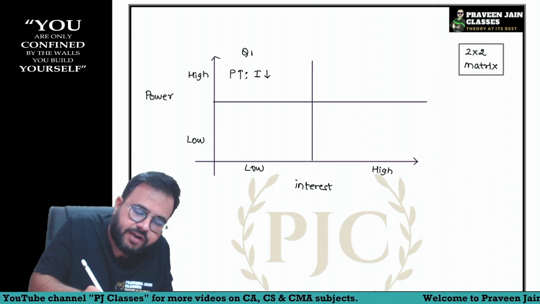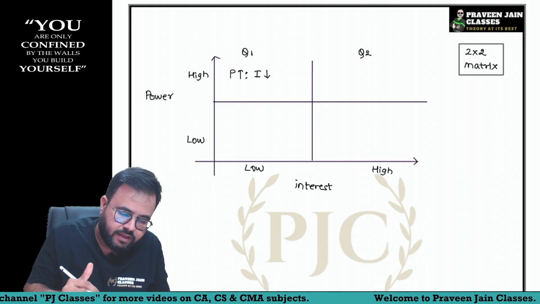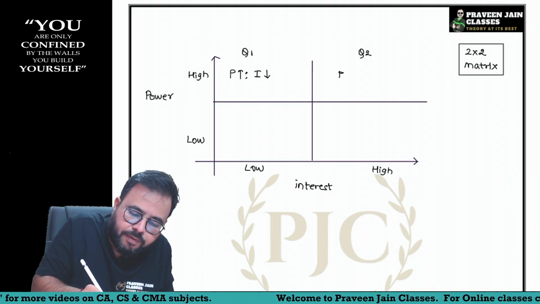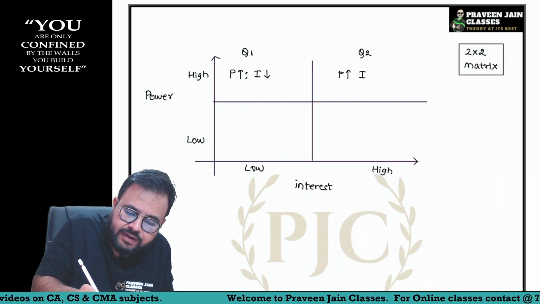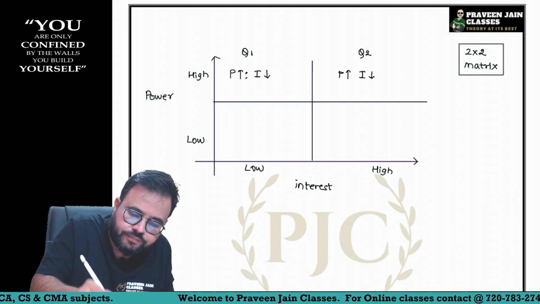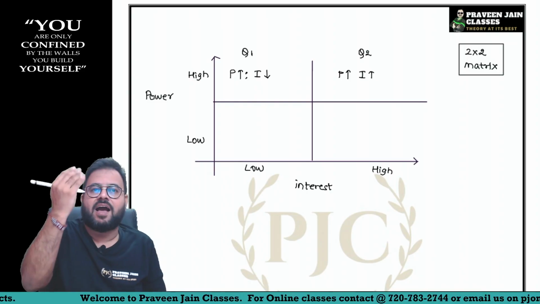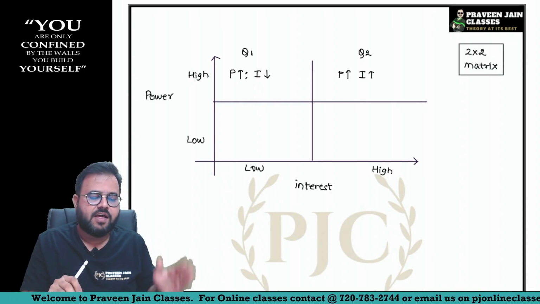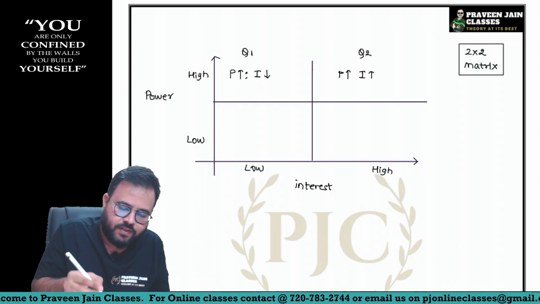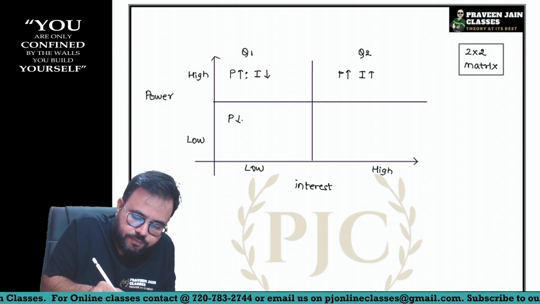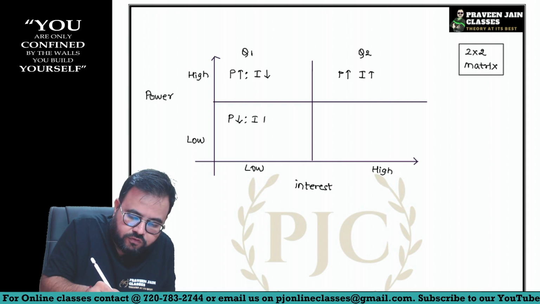When you see the next quadrant, power is also high, interest is also high. So it is high, high. The first one is high, low. Now the third one, power is low, interest is also low.